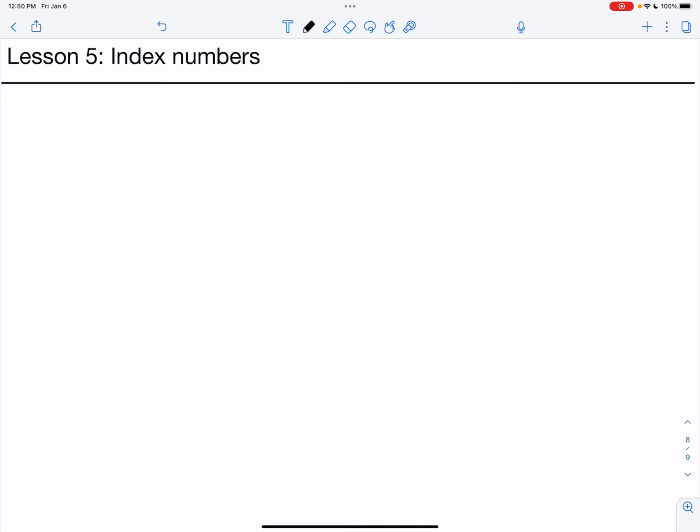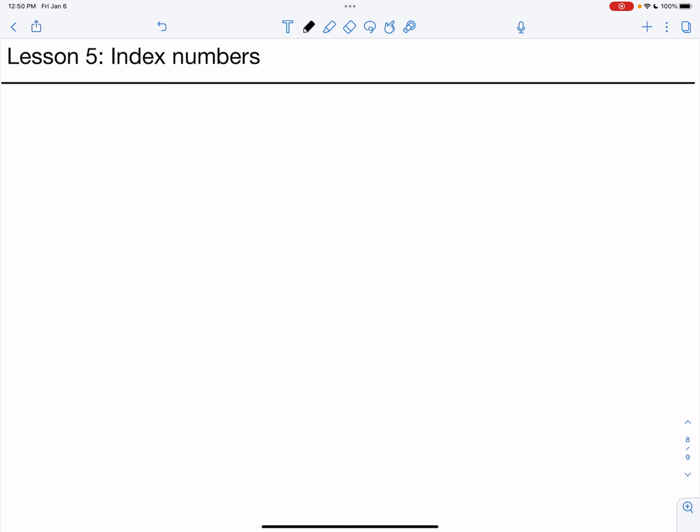It might not be immediately obvious just by looking at the numbers. So you want to construct an easier set of data to work with, and that's where index numbers come in.